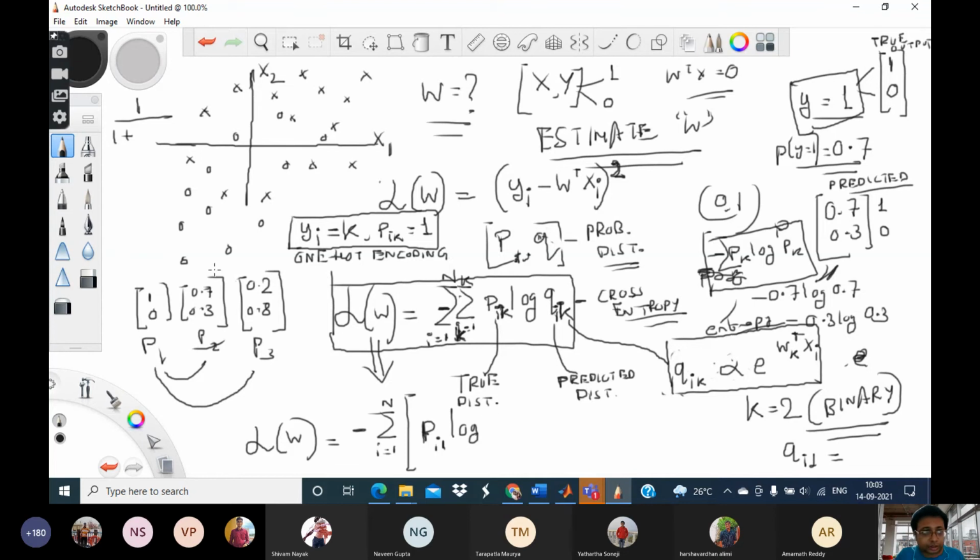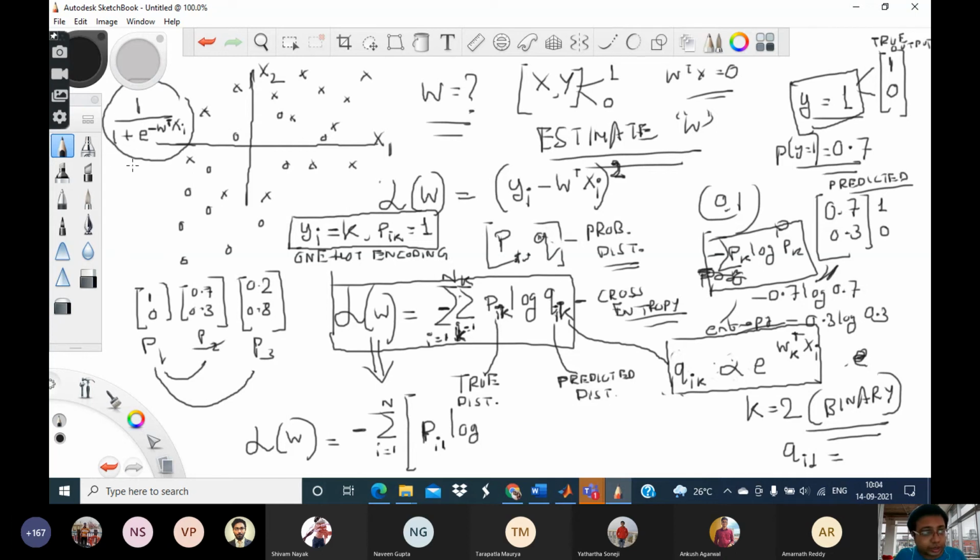So it is written as 1 by 1 plus e to the power minus w transpose xi, right? Because in case of binary classification, I do not need separate wk's for each of the classes. One w is enough for me, right? So I write it in this way.